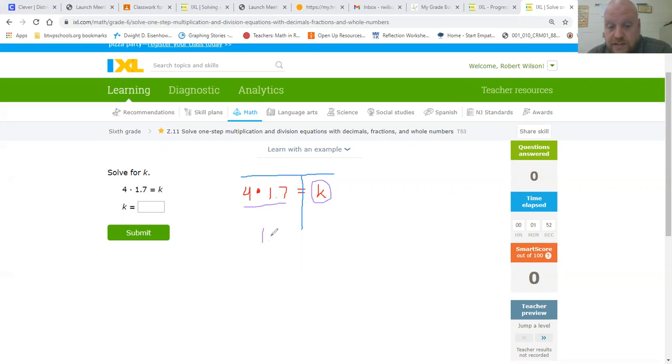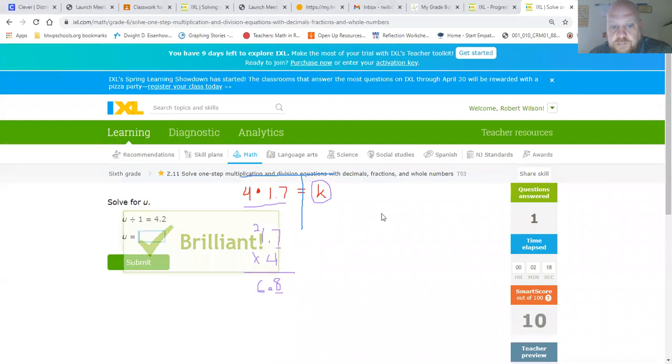So if we do 1.7 times 4, we would get 28. So we carry the 2. 4 times 1 is 4 plus 2 is 6. And I need 1 decimal place value in my answer. So 6.8 would be the answer. Okay, and it tells me I'm brilliant, which I love to hear.